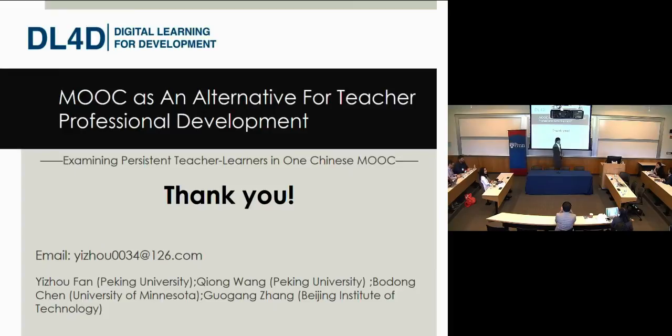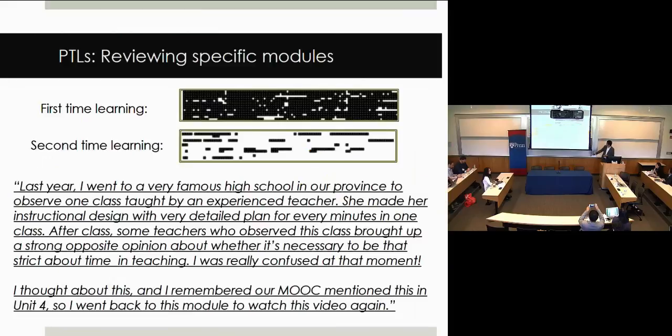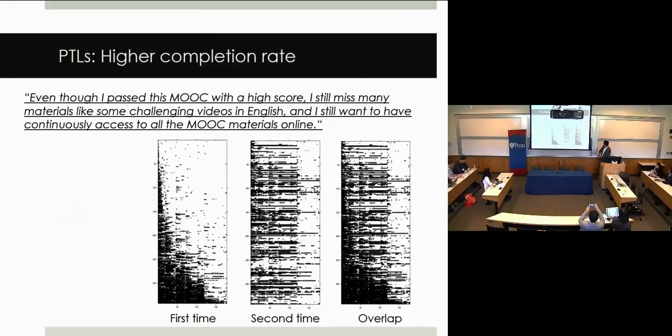Question. Do you change the material each time you offer the course, or are the videos and materials exactly the same? Yeah, we change a little bit. This part, we keep adding things. Like some wonderful teachers in Beijing or Shanghai use flipped classroom, and we find this may be a wonderful case, so we ask them to make videos for us, and we add them to the course.